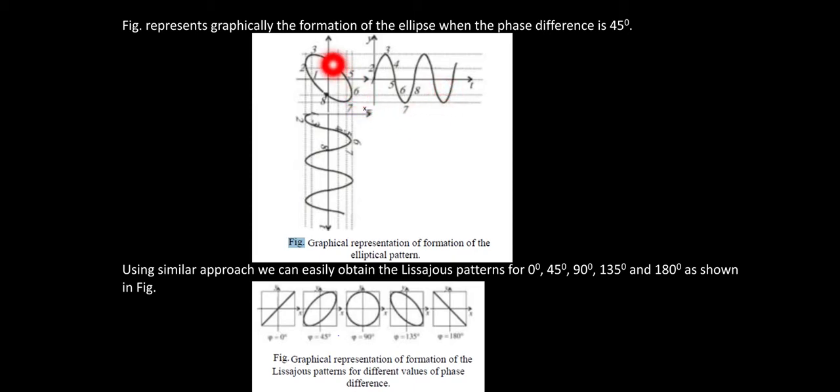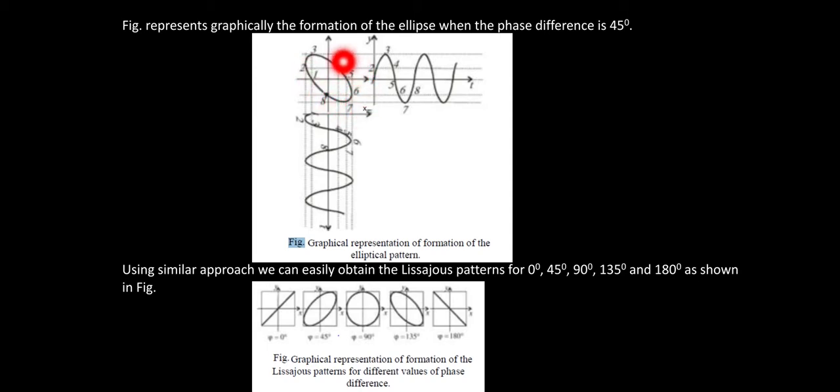We will get an ellipse. So this is the y-axis, this is the time axis, this is the x-axis, this is the time axis. The interference of these two is shown by this figure.